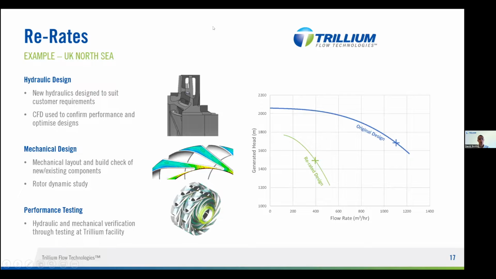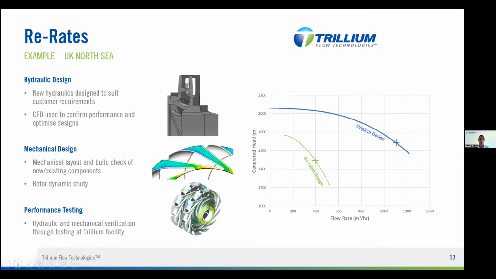So we would sit and go through the hydraulic design for the impellers and diffusers, come up with the geometry and CAD model for these parts, and then we would use computational fluid dynamics, CFD, to confirm this performance. And then we actually went into an optimization phase where we started looking, in this case, more so at the diffuser, trying to optimize the diffuser design in terms of inlet angles, diffusion length, just to try and get that bit more efficiency for the customer.